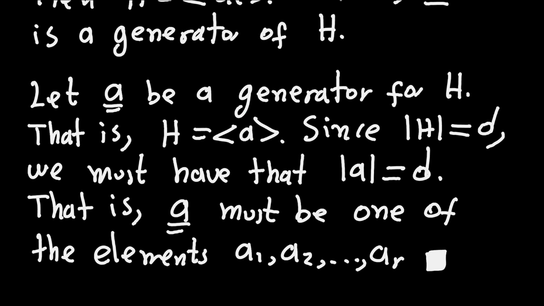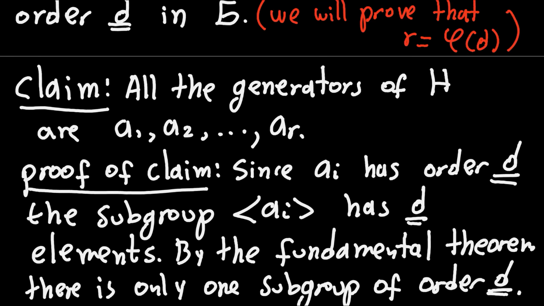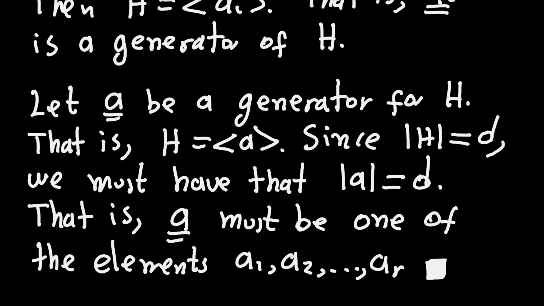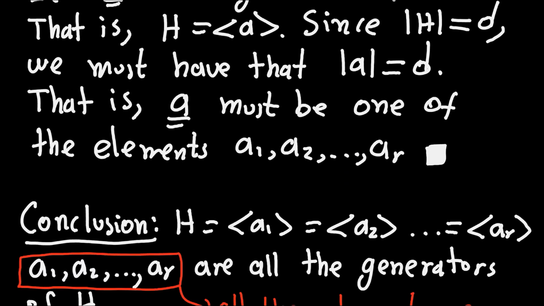If the order of a is D, and this list right here are all the elements of order D, then a has to be one of them. That all proves that a_1 through a_r are exactly all the generators of H.